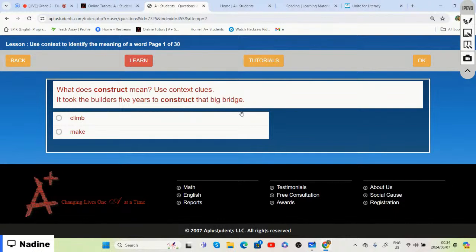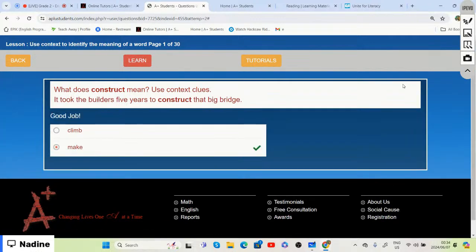We can say construct means to make. So, well done. Make is correct.